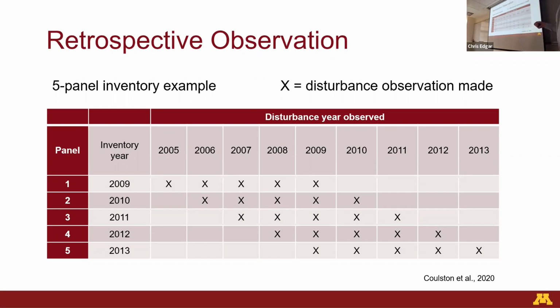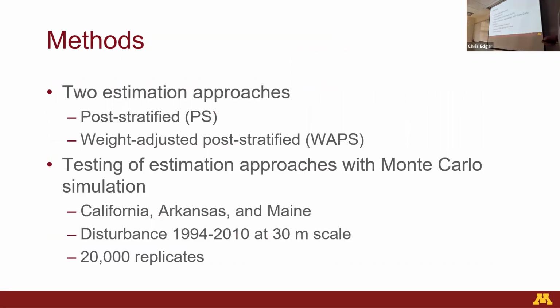So in this case, we could combine the panels from 2009 to 13, and 2009 would be the one year where we have the full sample size. To do estimates for these other years, we would need to do some sort of effective sample size change to account for the fact that we've got some panels where it's not observed. And that was an important insight.